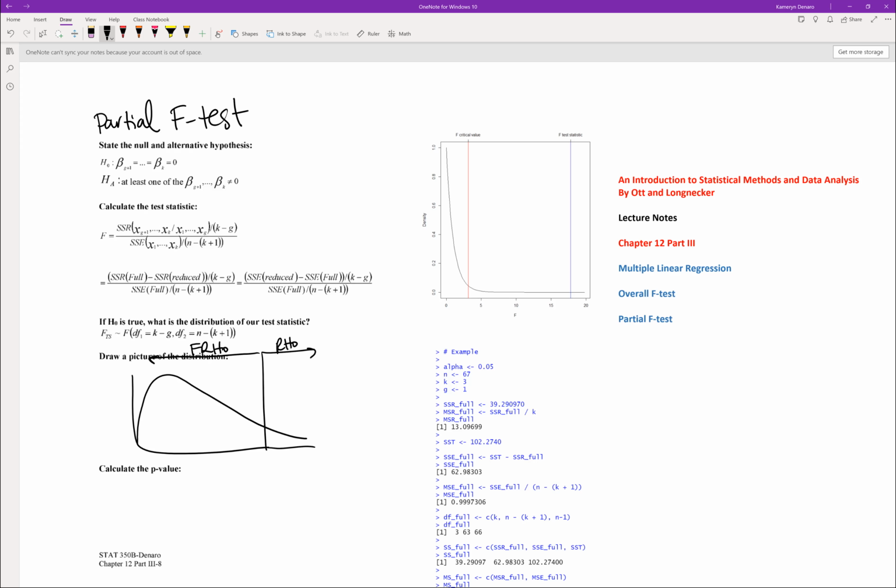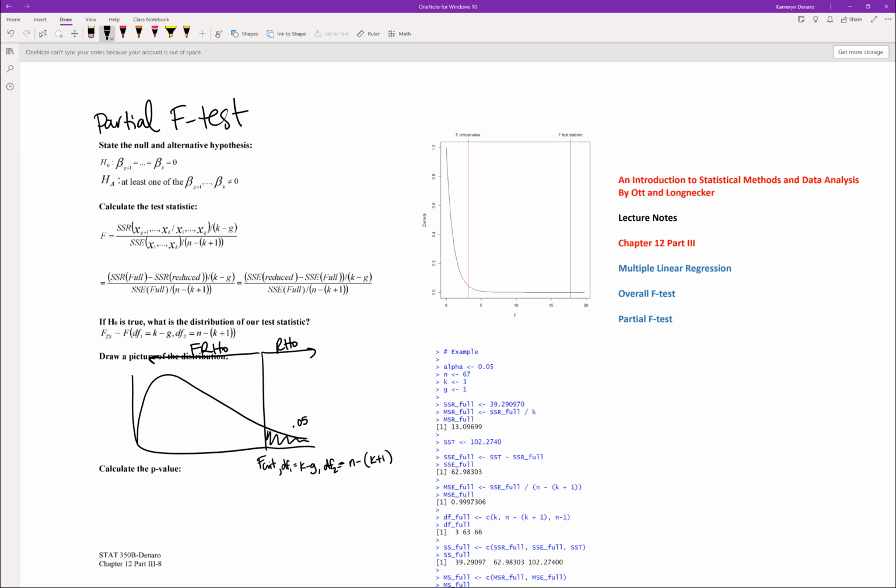The peak is going to be around 1, because that would mean that our regression is no different than random error. We set up 0.05 of the alpha area, and we can calculate the critical value under degrees of freedom 1 equaling k minus g and degrees of freedom 2 equaling n minus the quantity k plus 1.